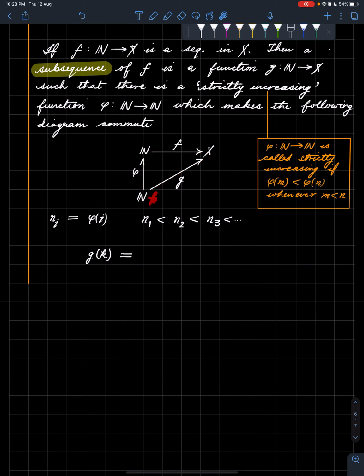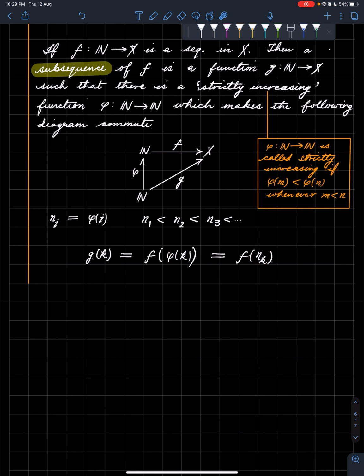So suppose I pick k here and I go that way, then I end up with g of k. But if I go that way, I get f of phi of k, because once I start with a k, it becomes phi k when I reach here, and it becomes f of phi of k when I reach there. So that's equal to that, which is equal to f of n_k, because we have just defined that to be equal to that.